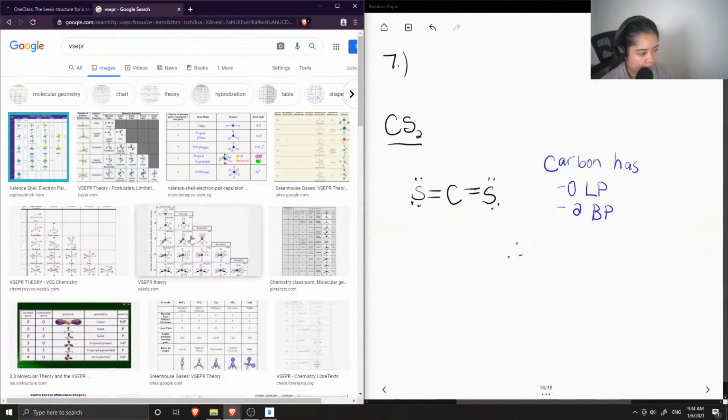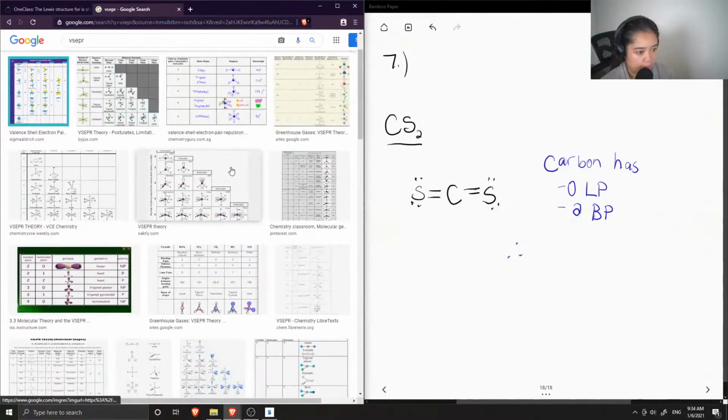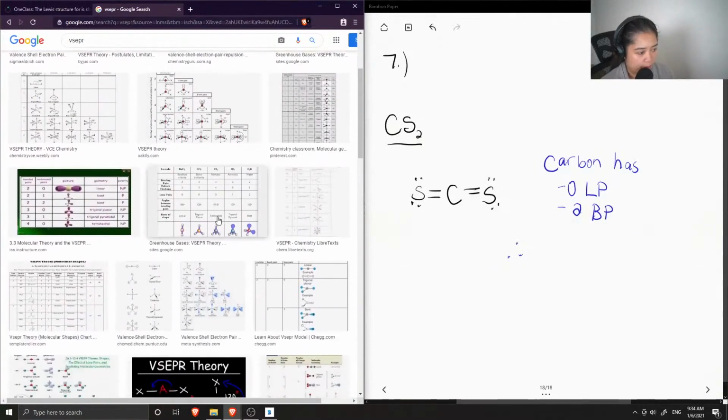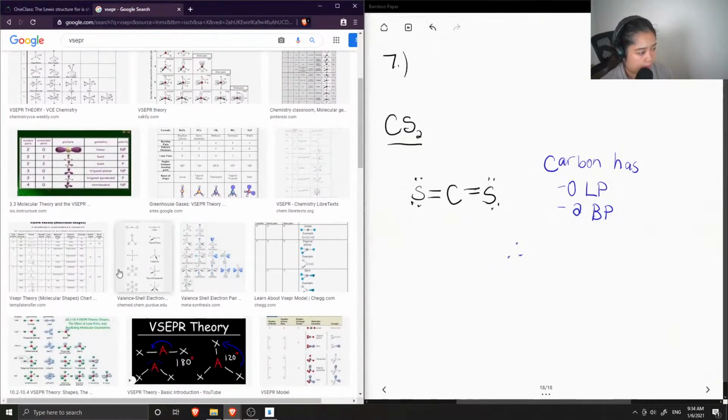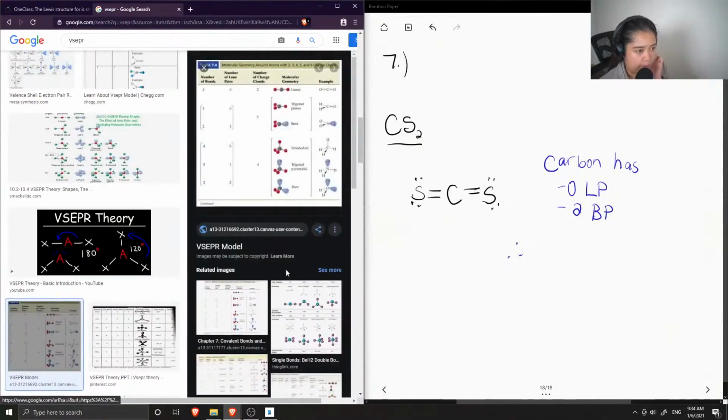Okay, so the nice chart. These charts are usually given in the question or during your test, like in one of the back pages.